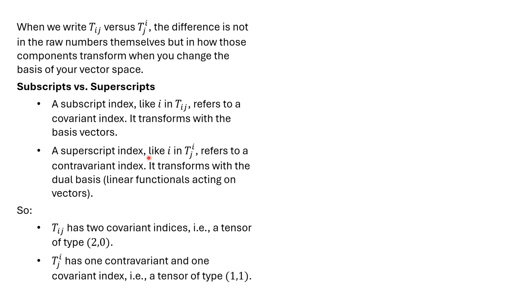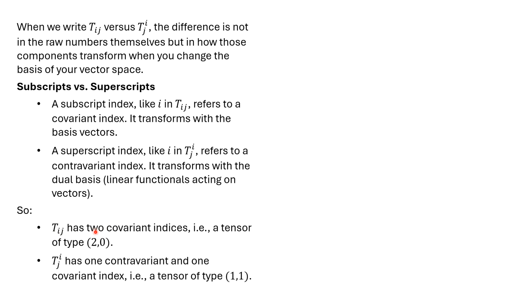A superscript index like i in T^i_j refers to the contravariant index. That's the dual of our vector space. It transforms with the dual basis. So if you write something like this here, the bottom refers to the vector space over which the tensor is defined, and the superscript refers to the dual of the vector space.